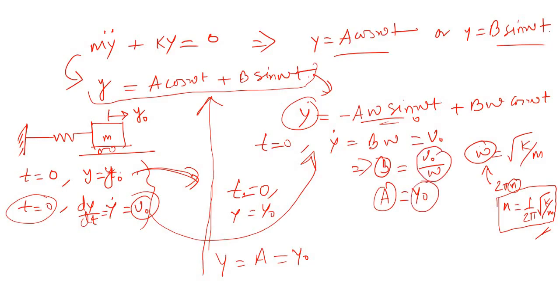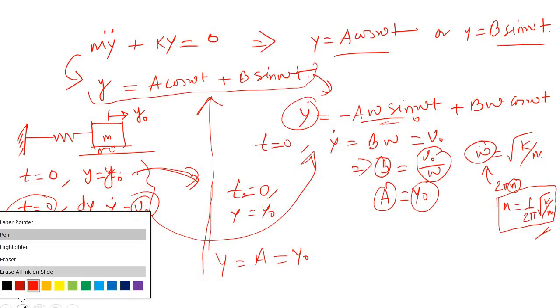So now you can solve the equation, right? Let me erase everything. Just remember these two values, okay? a is coming as y0 and b is coming as v0 by omega.